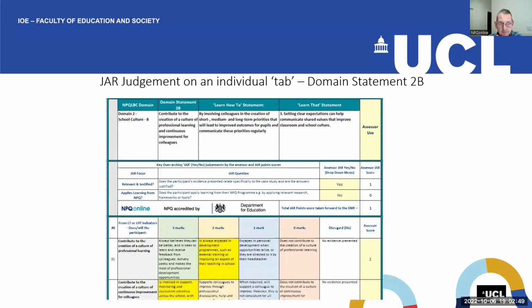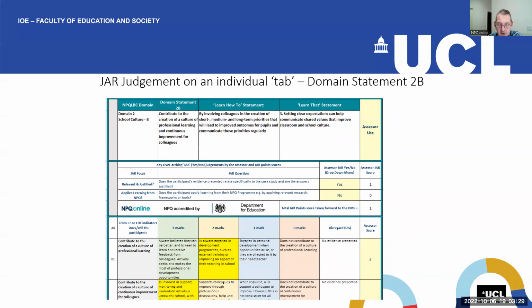This is tab 2B. Different domain statement, different learn how to and learn that statements, and different sub-statements here in terms of assessment strands, which are scored differently, okay? In this case, on the first JAR question, the assessor has decided, yes, it looks as though you have used an analysis of the actual case study in response to your answers to the 5 questions.